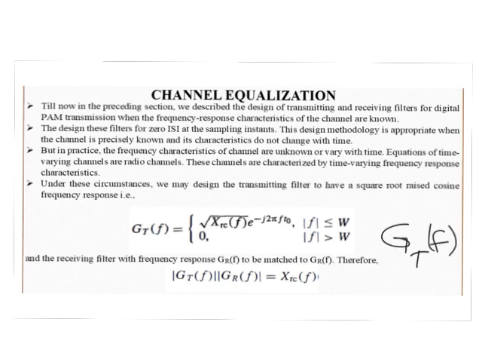Hence, mod of GT of f into mod of GR of f is equal to capital XRC of f, which is the raised cosine frequency response.